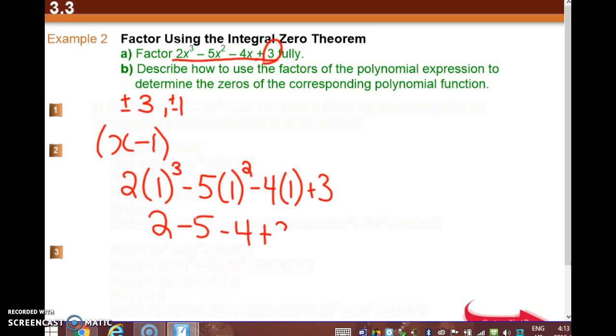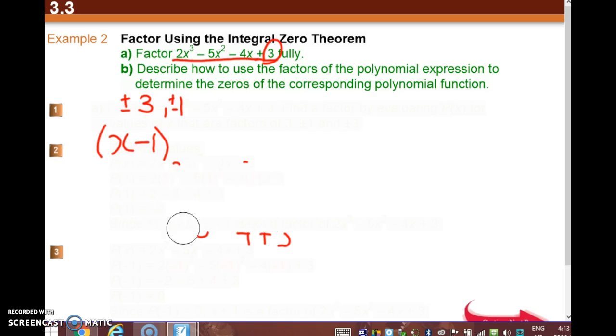Minus 4 plus 3. So if I have 2 minus 5, I have minus 3. Minus 3 minus 4 is minus 7 plus 3 is not going to give us 0. So this one is not going to be a factor. Okay, this guy did not work, he would not get us to 0.